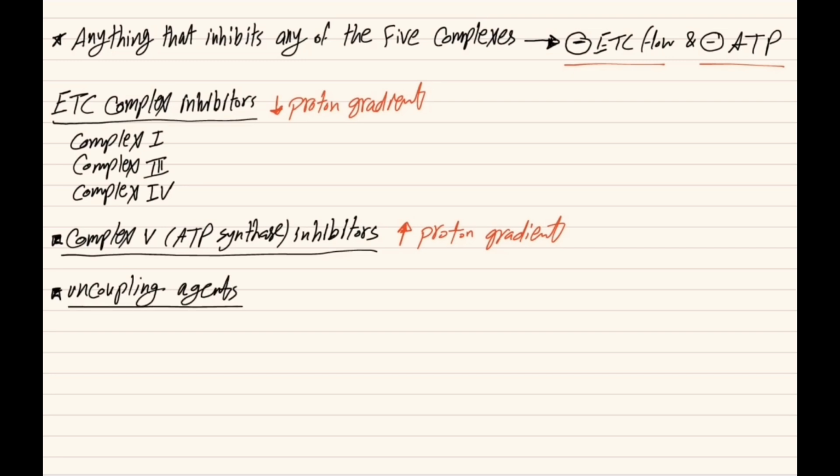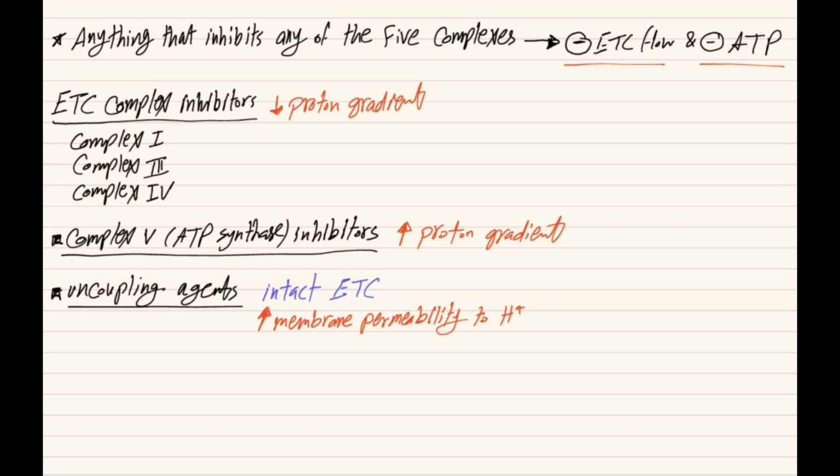And these agents do not actually inhibit any of the complexes. Therefore, the electron transport chain flow is intact. It's not affected. However, they increase the membrane permeability to protons, meaning they're letting the protons pass into the matrix but not through the ATP synthase.